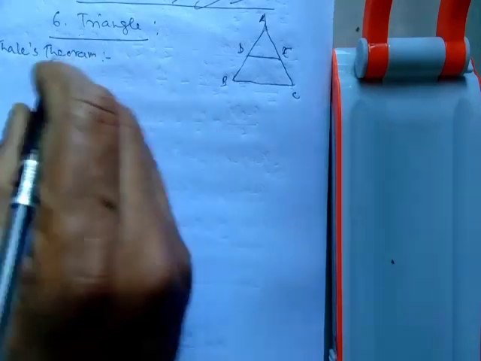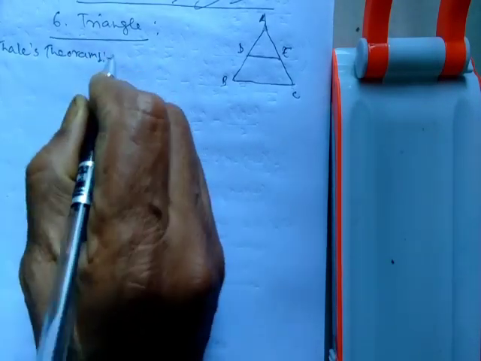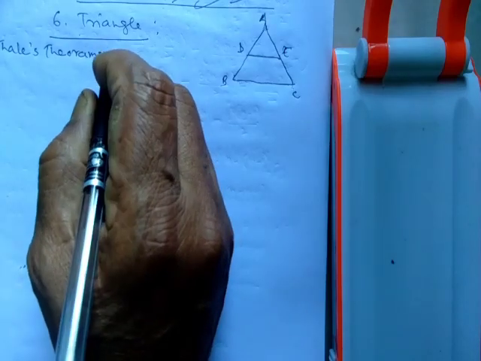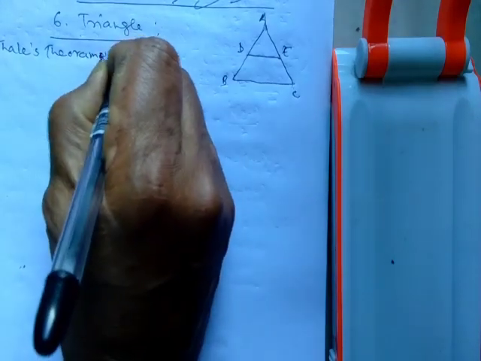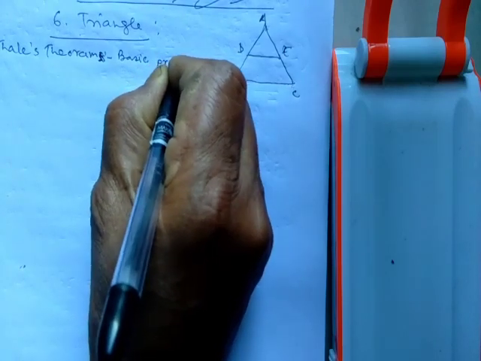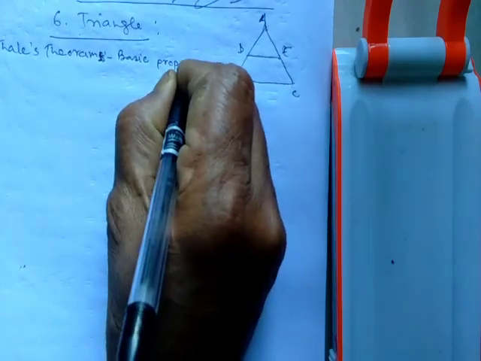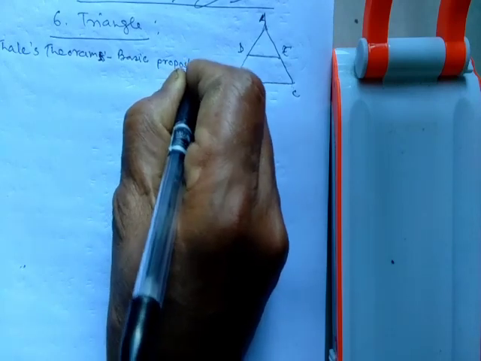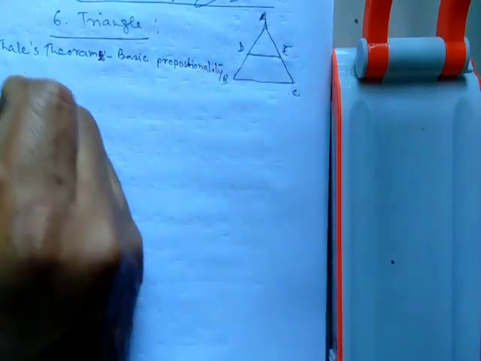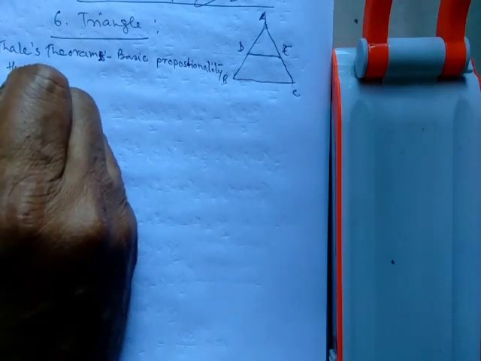This is theorem 1, the first theorem. It is also called the basic proportionality theorem.